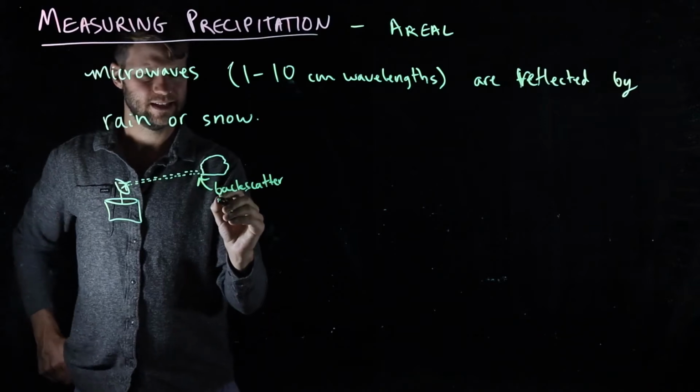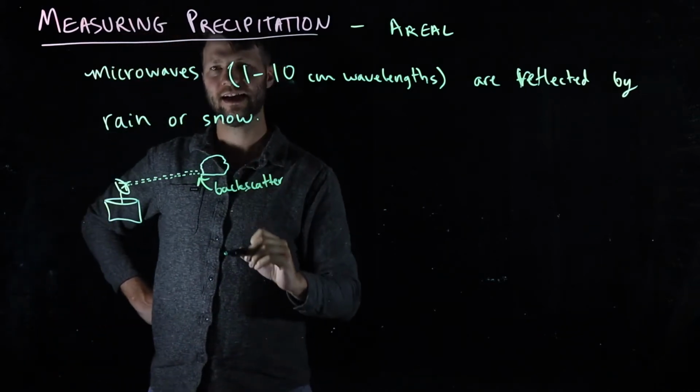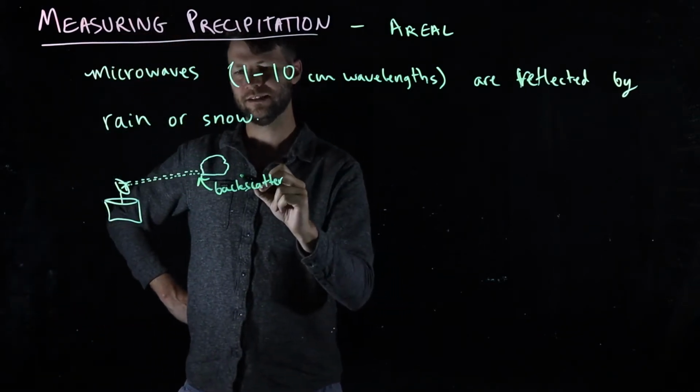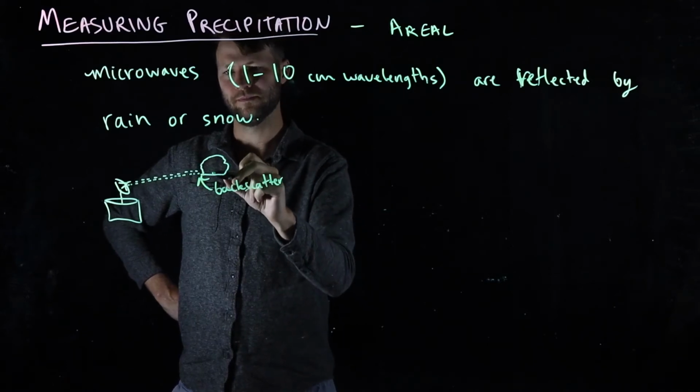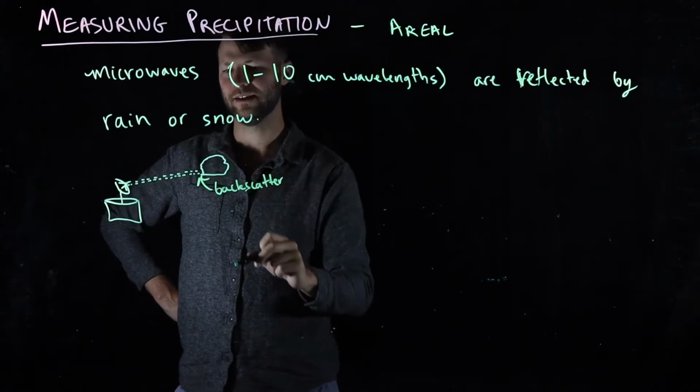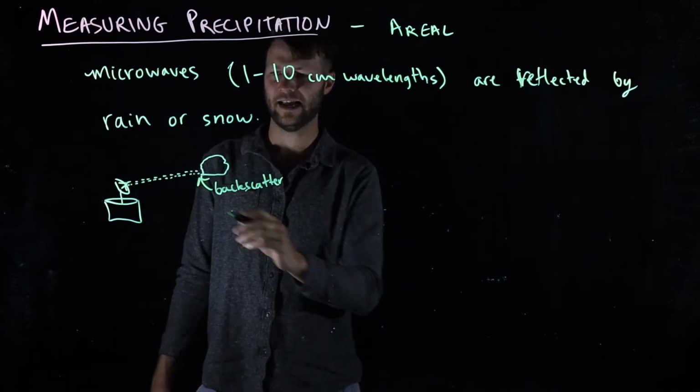And the idea is that the intensity of this backscatter can be directly related to the amount of rain or snow that's happening right here. So it provides an instantaneous snapshot.